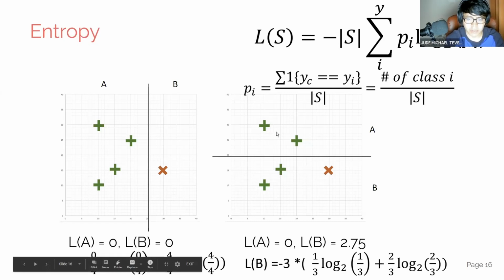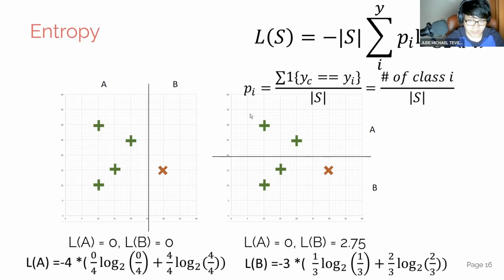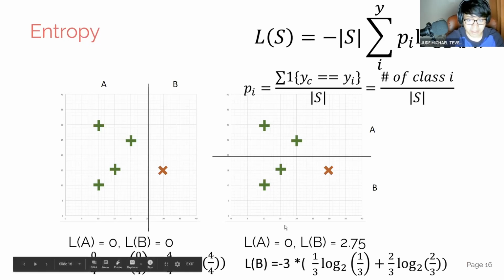So for A, of course, it's going to be 0 because it's homogeneous. But for B, the loss is going to be this -3 because we have 3 data points times 1/3. Why is it 1/3? Because there's one occurrence of the negative class in this set.